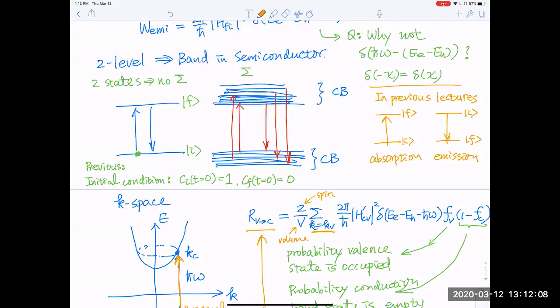Some of the transitions are from different states, but they have the same frequency. So we need to sum up all the transitions that have the same energy difference but different k. That only exists in a semiconductor, or more strictly, in a crystal, in solid state media, where there are bands of states.